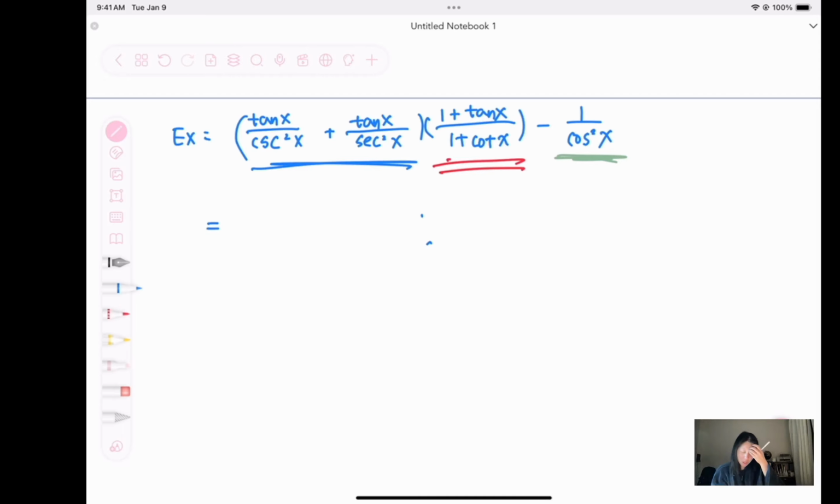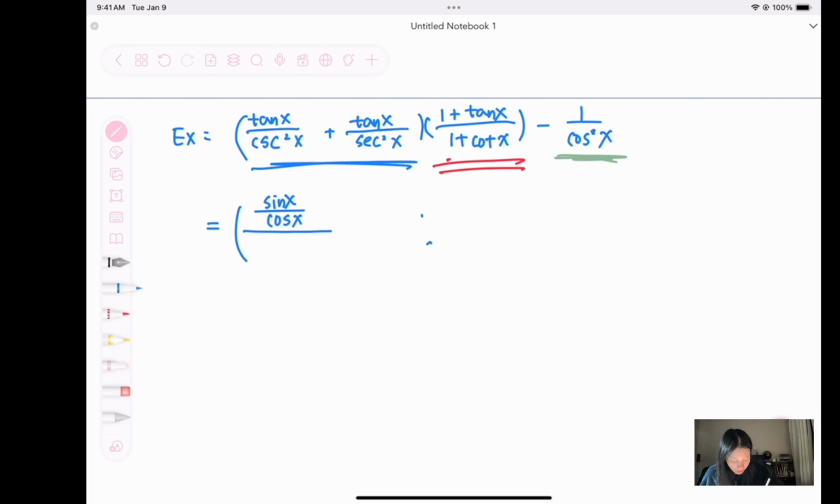So the first term, how are we going to do it? We have tangent, cosecant, tangent, and secant. The way I would do it is always turn this into sine or cosine, because we're more familiar with this. So tangent is equal to sine over cosine.